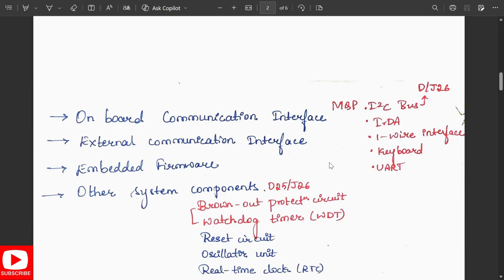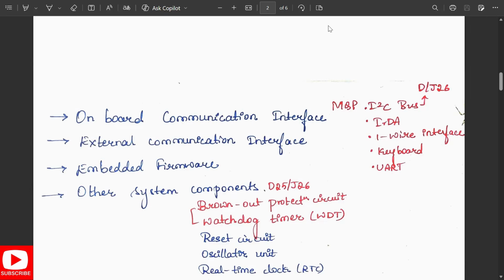You'll be getting these questions in the previous year paper, as well as the external communication interface and embedded firmware and development, where along with the other system components you need to know the brownout protection circuit and watchdog timer. These are some of the important topics that we will be covering in the video.